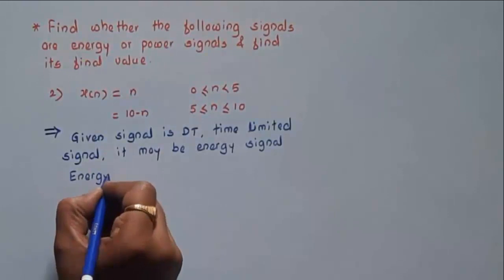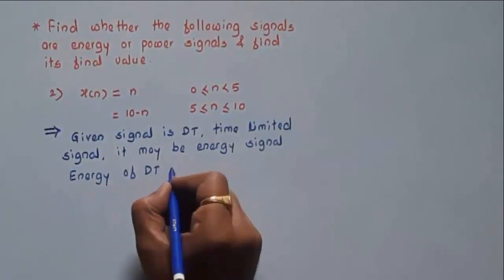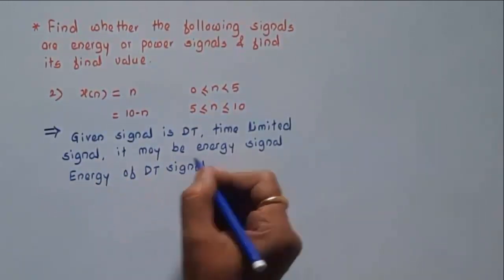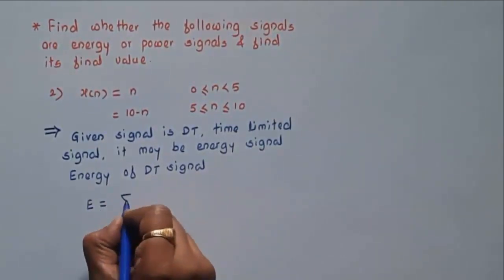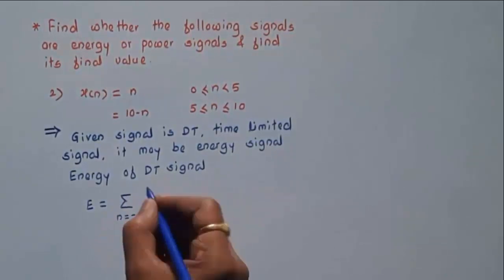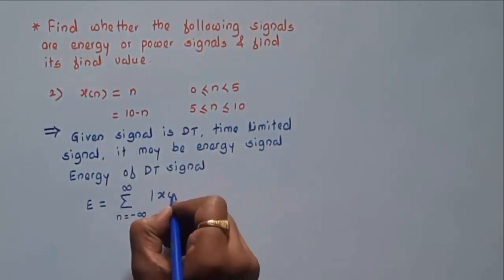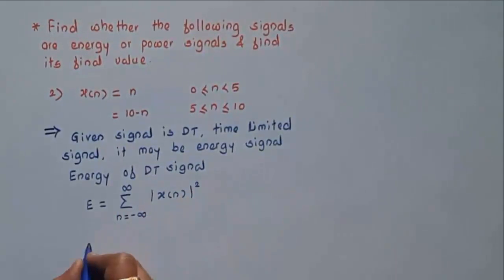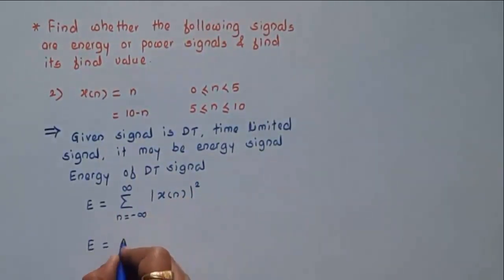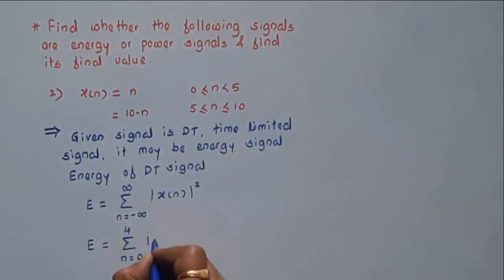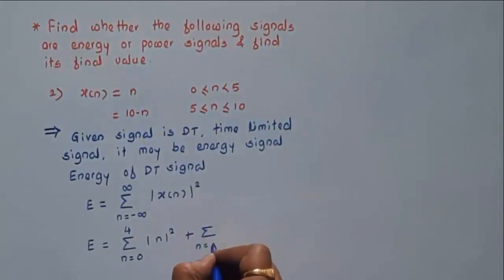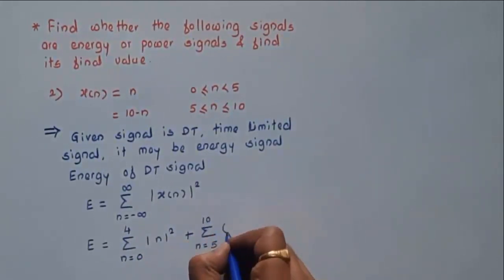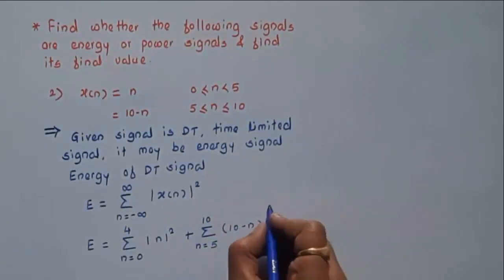Energy of a discrete time signal is given by energy E is equal to summation n equal to minus infinity to plus infinity of mod x of n squared. Now the given signal x of n is present between 0 to 10 only. So summation limits will be n equal to 0 to 4 where x of n is n, and summation n equal to 5 to 10 where x of n is 10 minus n, its square.